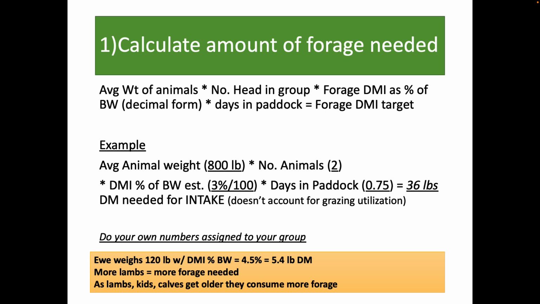And then you divide that by your estimated utilization rate that we just talked about. So that's whatever 600 to 1,200. You throw that in down there at the bottom. And that is pounds of dry matter available for grazing per acre.